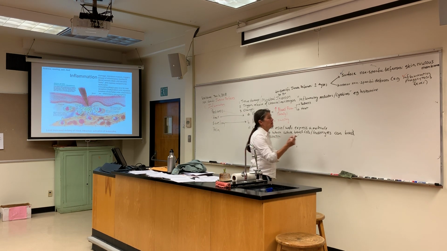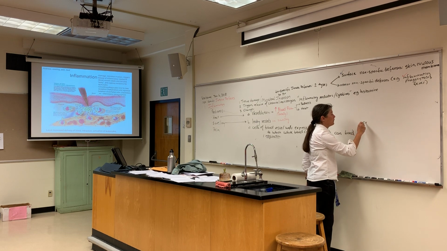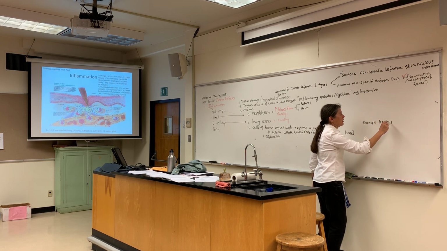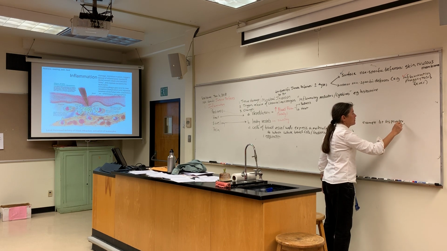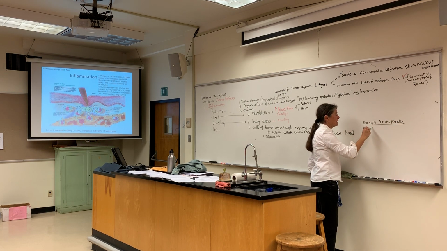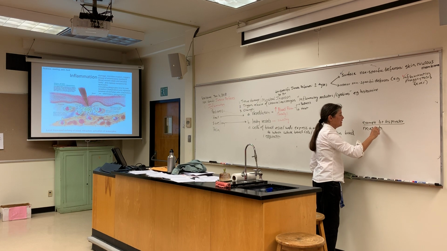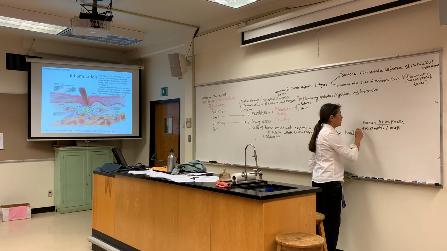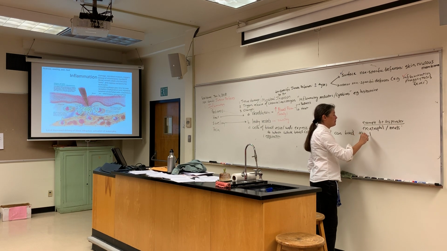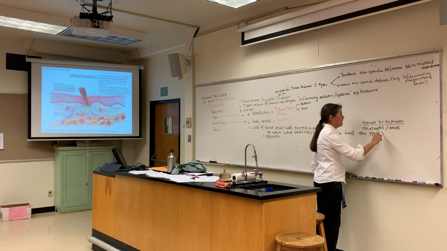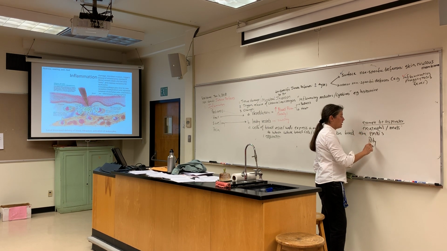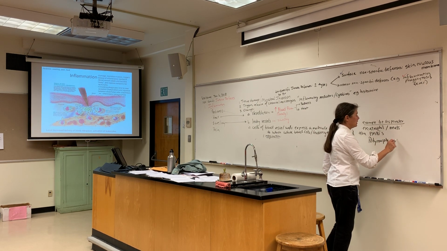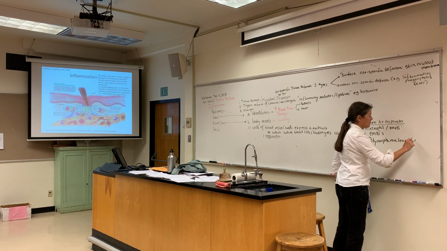Let's use as our example of the first responder our neutrophils. They're the first to arrive on the scene of damage or infection, so we might call them newts for short. They're also known as PMNs, which stands for polymorphonuclear leukocytes.